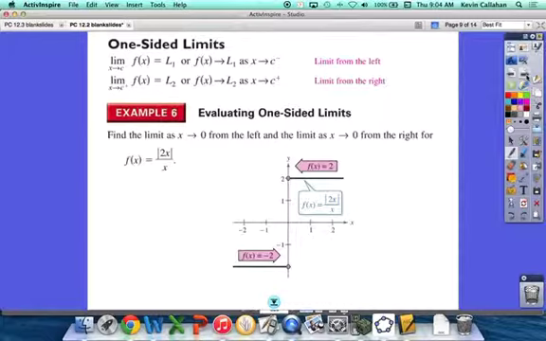So if we had to find the limit, we would have to take the limit from the left and the limit from the right. One-sided limits, the way you write that is the limit as x approaches c, and this little superscript of a minus means it's from the left. And if you put a plus on it, that means that it's from the right.